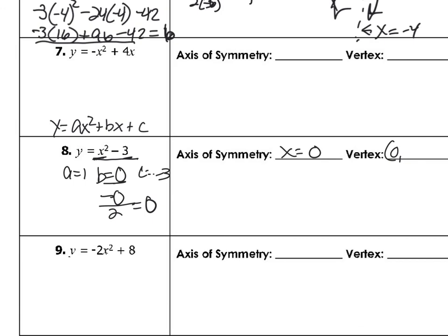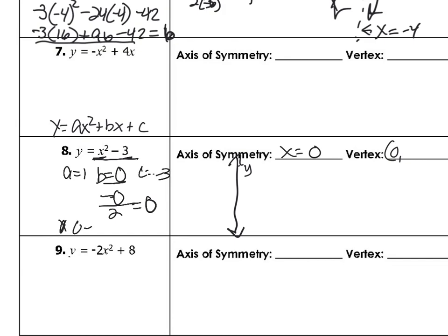And for your vertex, your x is going to be 0, so that means it's also your y-intercept, isn't it? All right, so I've really got my y-axis, and we need to plug in to find what this is when x is 0.